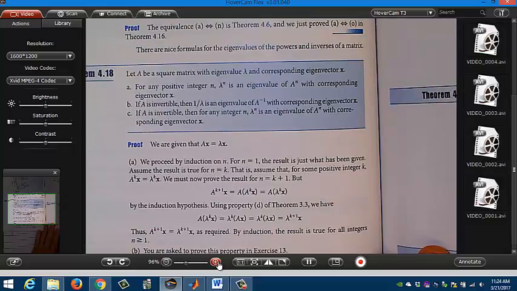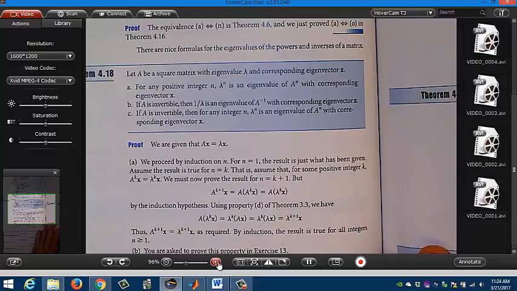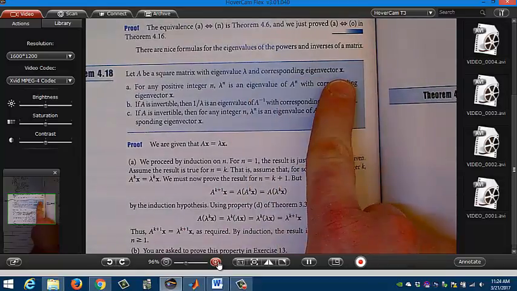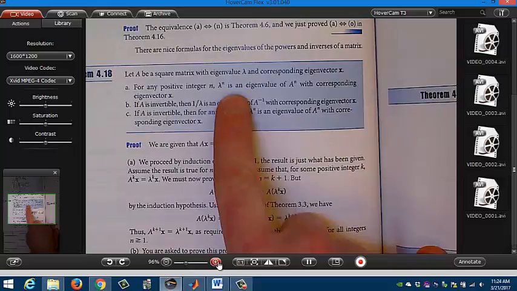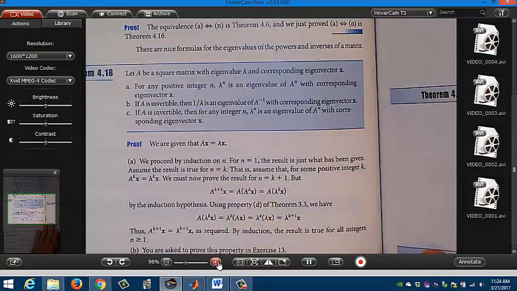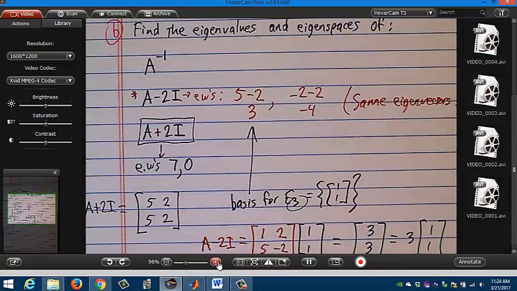It says if A is invertible, then 1 over lambda is an eigenvalue of A inverse with corresponding eigenvector x. Look, x was the eigenvector. It's still going to be the eigenvector. So 1, 1 will still be the eigenvector. But the eigenvalue is going to be 1 over lambda.